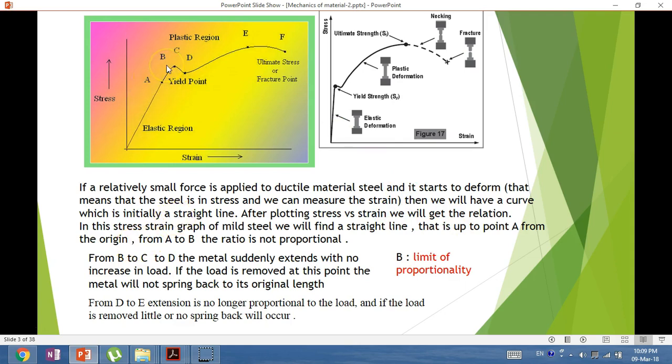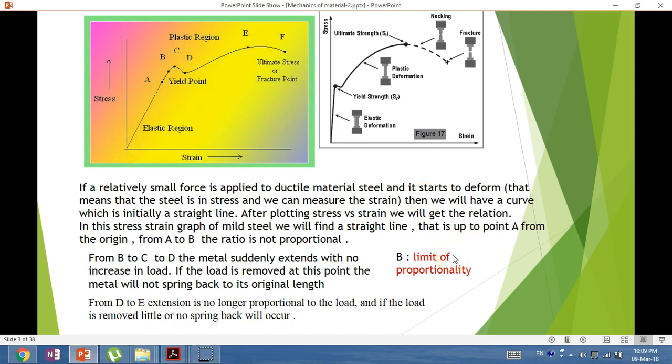From A to B, the ratio is not proportional, but from B to C and together with D, the metal suddenly extends with no increase in load. If the load is removed at that point, the metal will not spring back to its original length, but it will return to another position, but it will not come back to the 0 point.